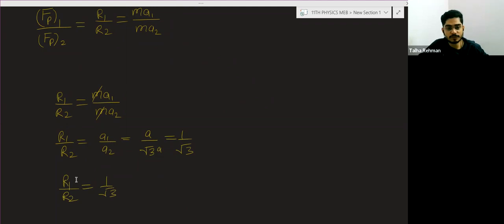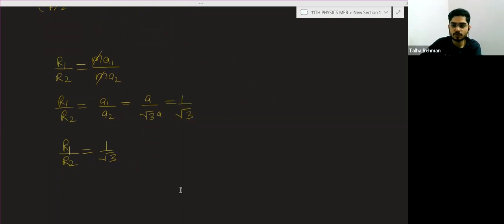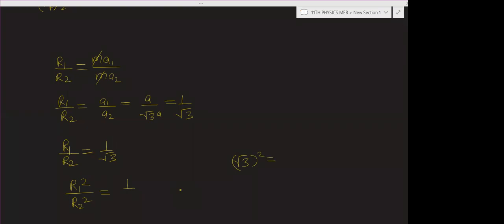Now put the value of R1 and R2. So before putting the value, square both sides. So this will become R1 square, this will become R2 square, this will become 1 by root 3 square. What is the value of root 3 square? 3. Yeah, 3. So I can write 3 here.